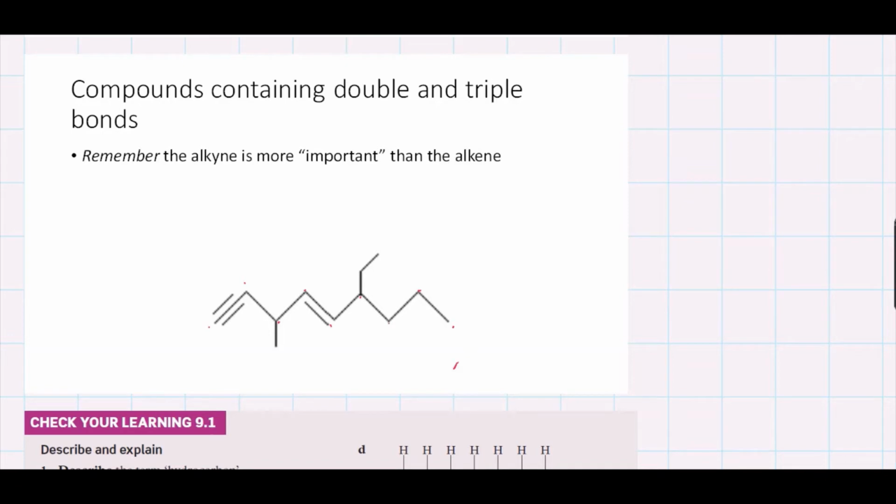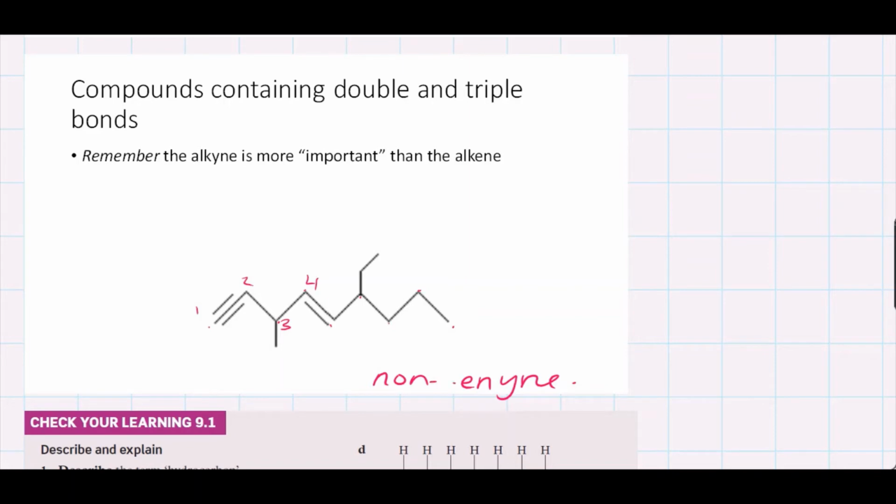So it's going to be a non-yne. Because there's something else in there, there is also a double bond. It is on carbon number 4, is where it starts. So we're going to call this a non-en-yne, which looks gross, but it is correct.